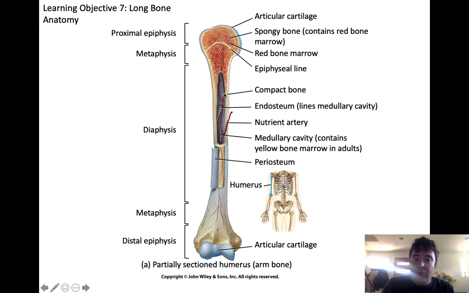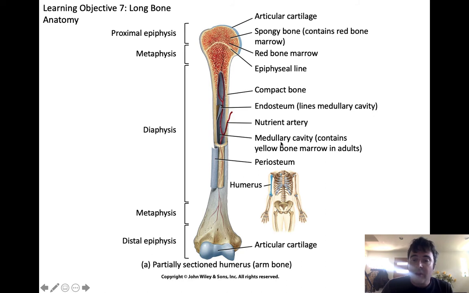So then you have the shaft of the long bone, which is made up of compact bone connective tissue. It can withstand a lot of compressive forces, and also has a lot of torsion strength, because of those calcium salts and those collagen fibers. Then lining the inside of this cavity right here is called the medullary cavity. And lining the inside of the cavity, you get a little layer of spongy bone called the endosteum.